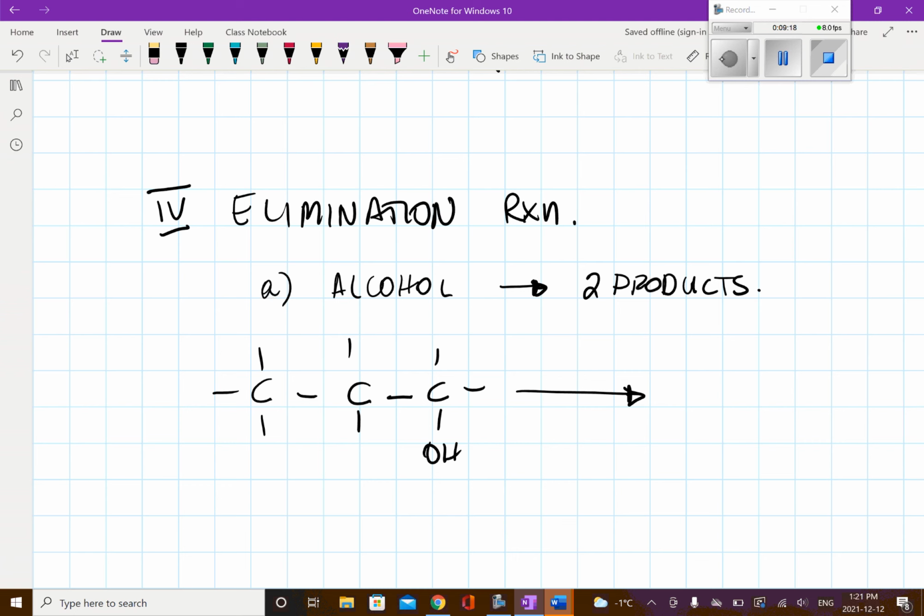So what alkene is produced when we have a propanol? Remember what we said, that an alkene has a double bond. So now what we will do is eliminate two groups. Elimination is eliminate two groups, and an alkene is produced.